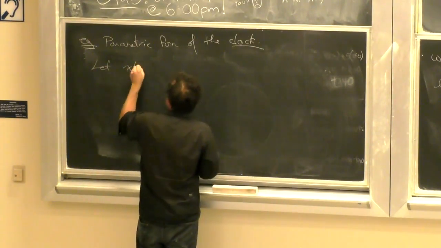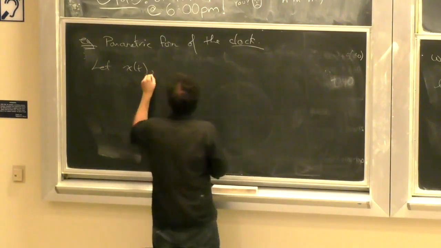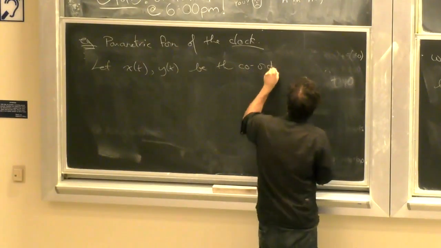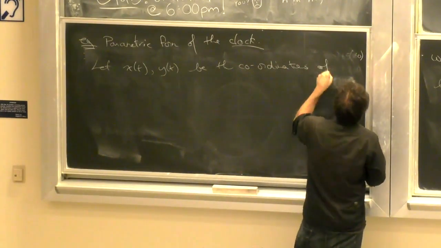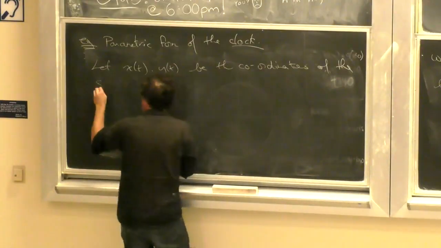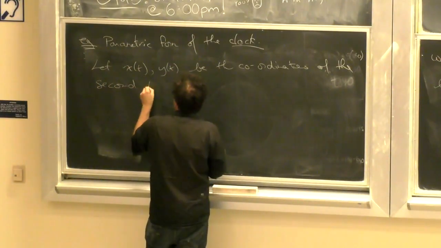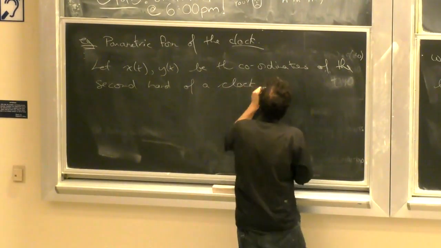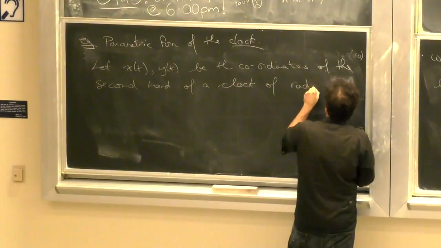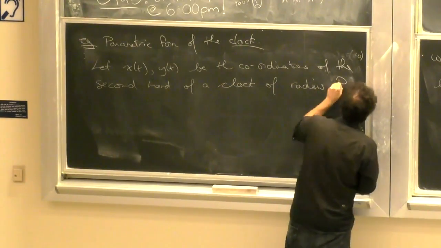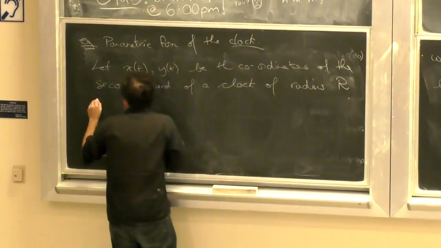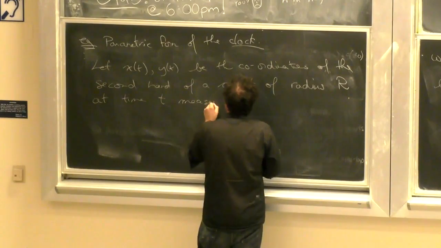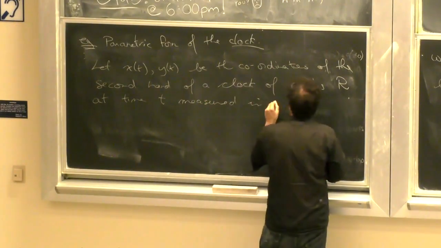Let x of t and y of t be the coordinates of the second hand, the hand that counts out the seconds, of a clock of radius, I'm going to use capital R for the radius of that clock, at time t measured in seconds.